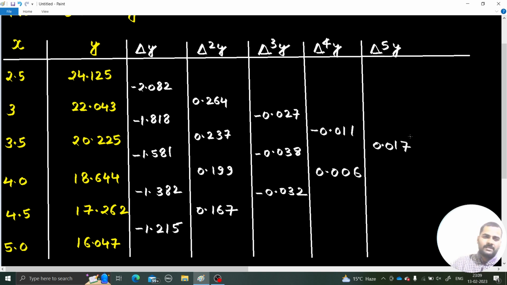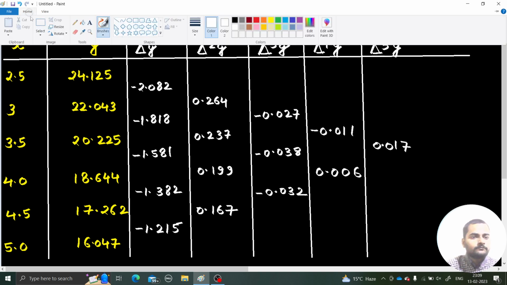They have given different values, I don't know why. Let's move on with these values only.